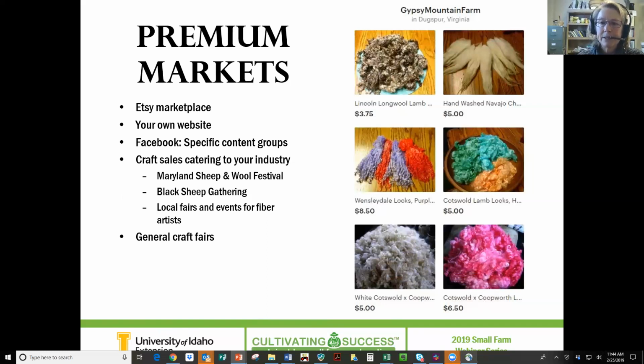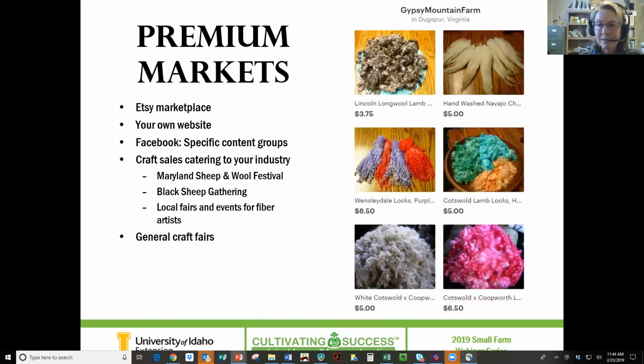So these are pictures off of Etsy, and people can sell small quantities for good amounts here, so you can look and see if you see a lot of things on Etsy that you feel like you could do. You can try it. There's very little risk involved.